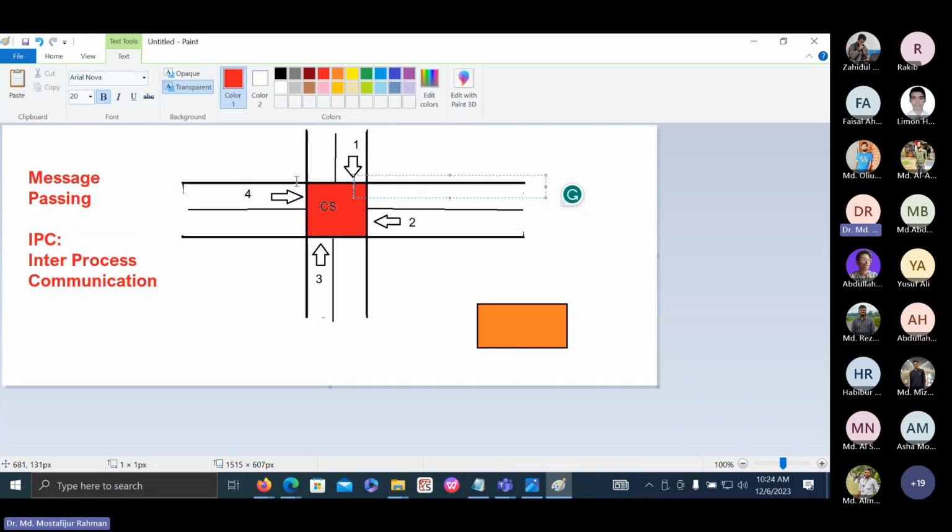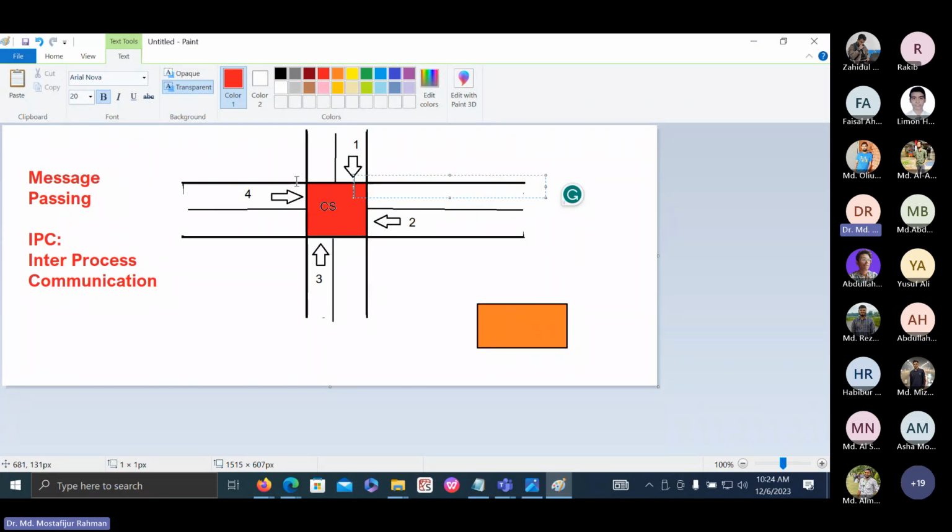That means show hand and count. So something like that. A process, we can send some signal to a process that you can now access the critical section. For example, four processes want to use a critical section, but the operating system sends a message to process one: you can now access the critical section.